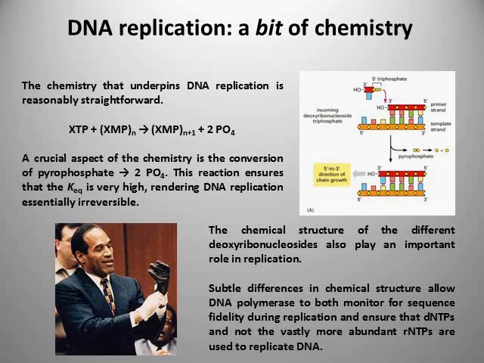And why is that important? I'm being a bit cryptic. So the reason it's important is that's one of the ways in which DNA polymerase ensures that when it's replicating DNA, it adds deoxynucleotide triphosphates to the growing DNA strand and not the far more prevalent ribonucleoside triphosphates which exist in the cell.